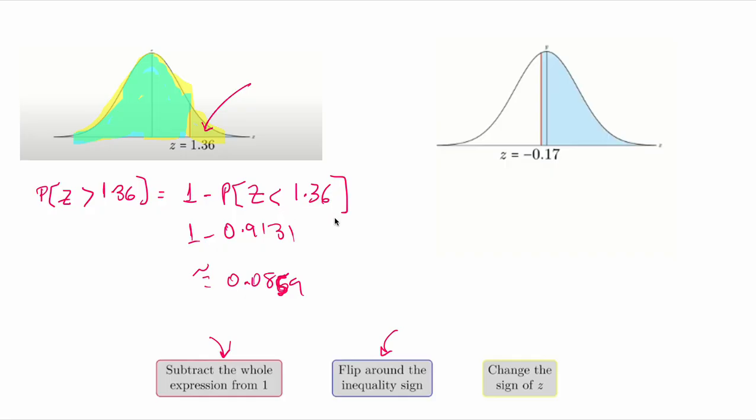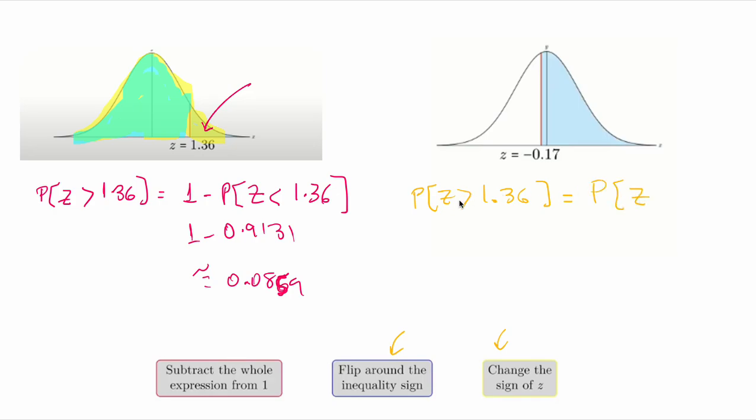You could have done the other option, which is, let me take 2 other actions. First of all, I want to flip around the inequality and change the sign of z, for example. So the P of z more than 1.36 would be, flip the inequality.